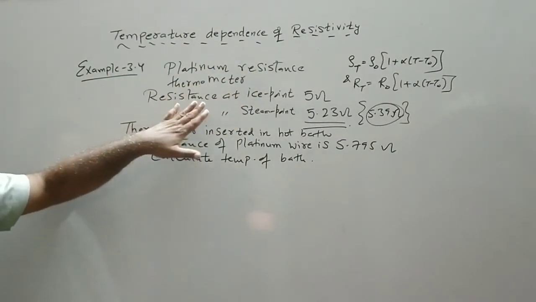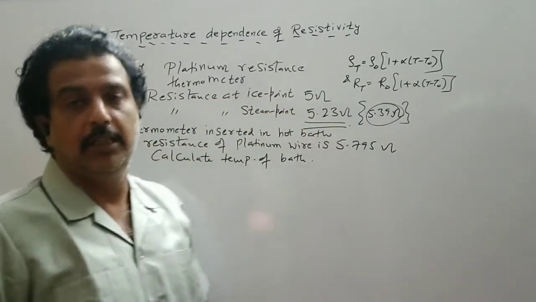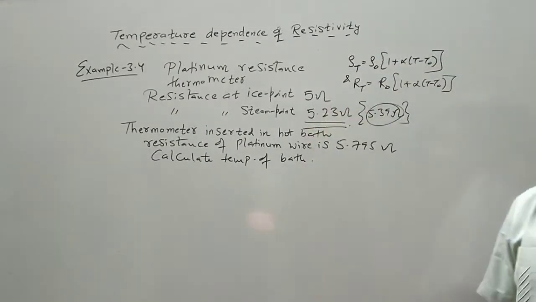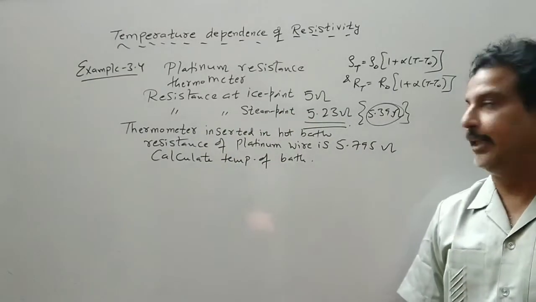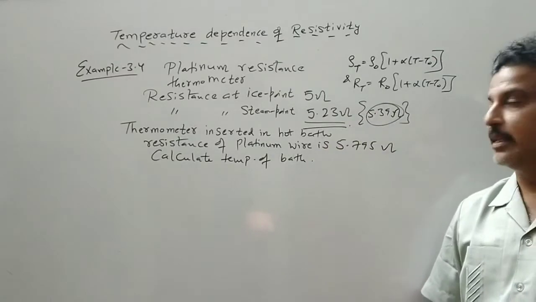It is given that the resistance at the ice point, now we know that the temperature at ice point is 0 degree centigrade, is 5 ohm, and the resistance at steam point, means 100 degree centigrade, is 5.23 ohms.